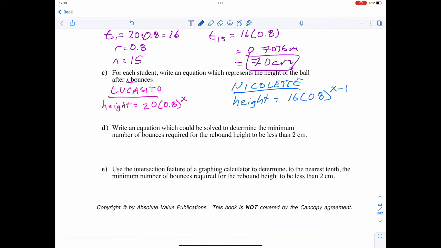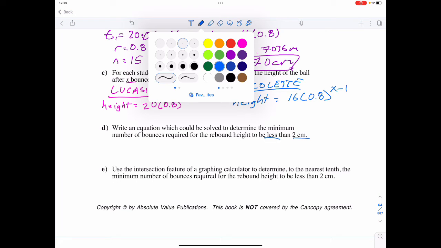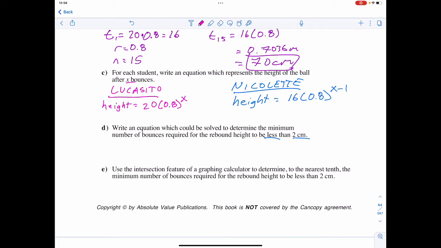If it says write an equation which could be solved to determine the minimum number of bounces required for the height to be less than 2 centimeters, then if I'm doing 2 centimeters, I'm going to say that 0.02 in terms of meters would equal 20 meters times 0.8 to the power of x using Lucasito's.